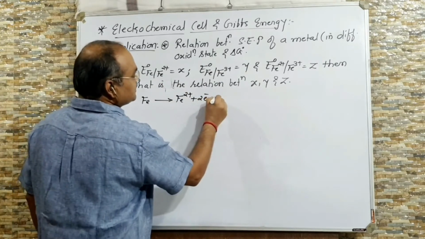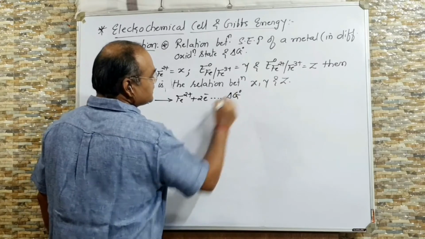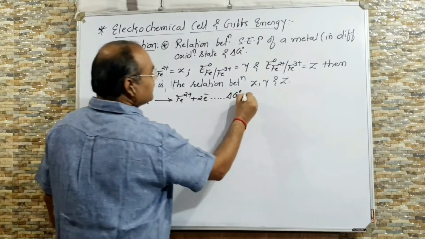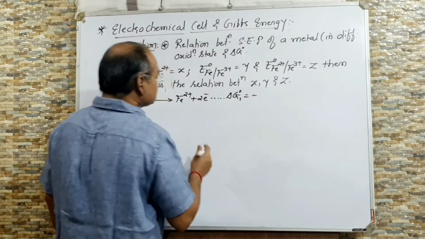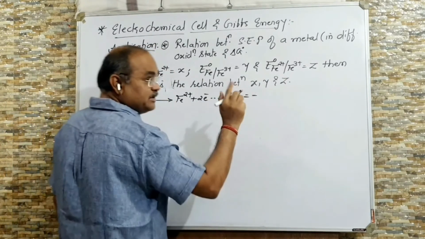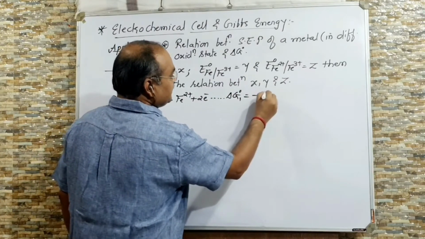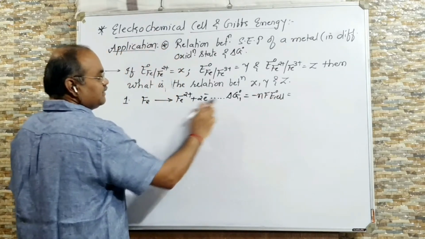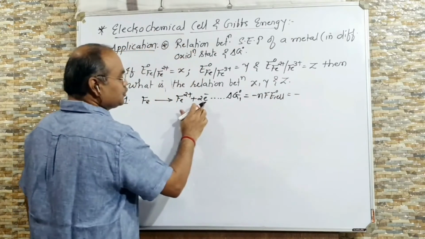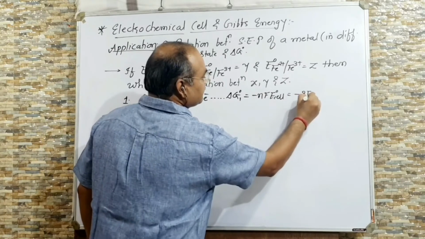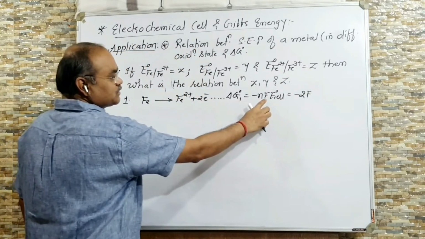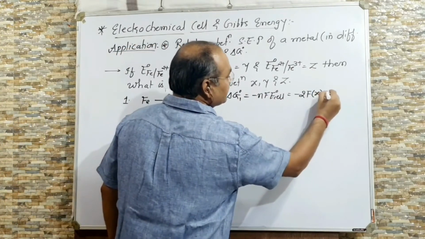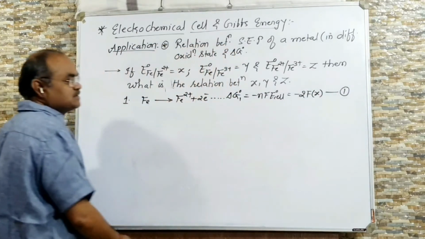Based on this, delta G01 will be equal to minus n, the number of electrons transferred, which is 2, times F, Faraday's constant, times E0 cell, which we have taken as X. This is number 1.